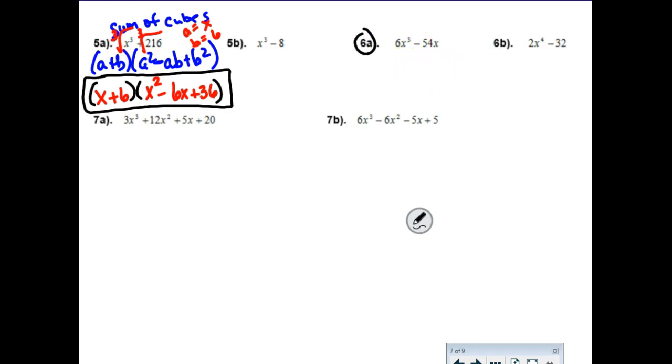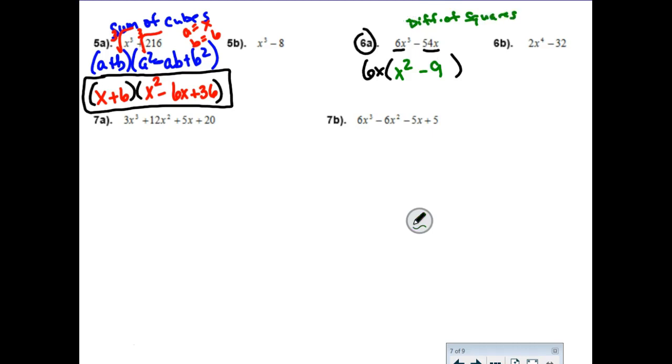So on 6a, back to the top of the flowchart, we have to look for a common factor. This time you do have a common factor of a 6 and an x. So, if we take a 6x out of that problem, you still are going to have an x squared and then a minus 9. Now what I just wrote down in green, that's another one of our special factoring patterns, but this time it's the difference of squares, which is the one that we're really comfortable with.